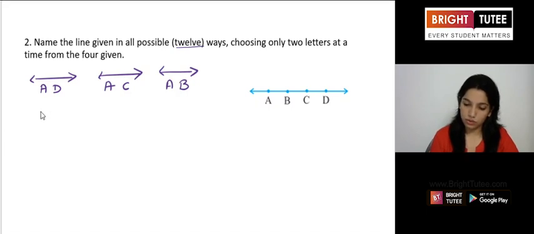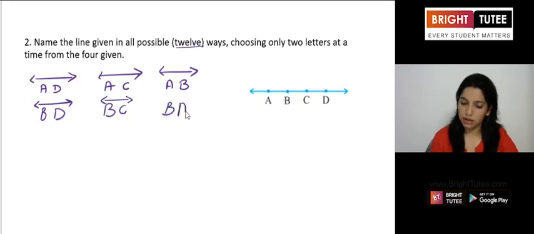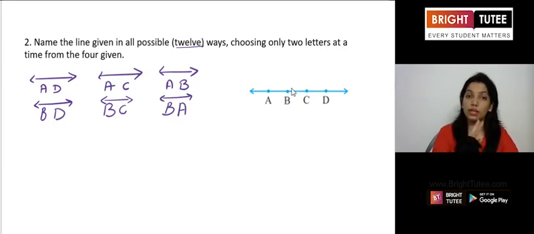Now I can also write line BD. I can write line BC. I can write line BA. I hope it's clear. We are just choosing any points.